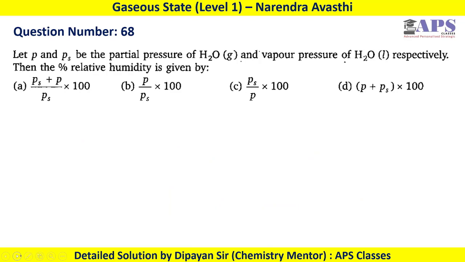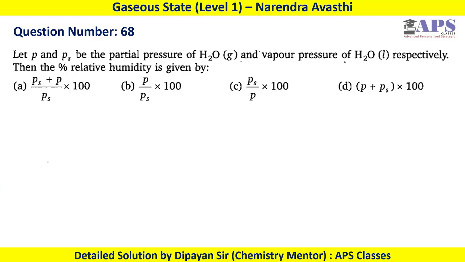In question number 68, let P and PS be the partial pressure of water in gas and water vapor respectively, then the percentage relative humidity.